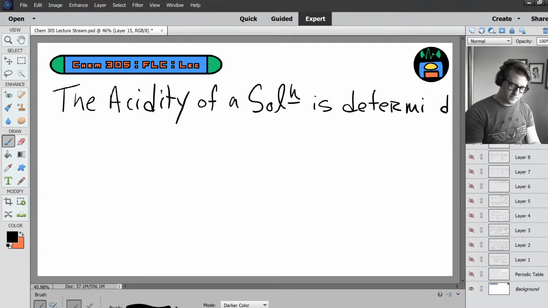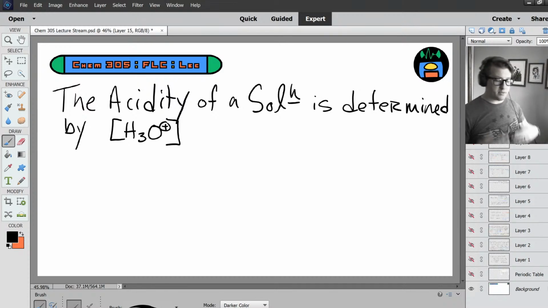There we go. Is determined, the acidity of a solution is determined by its molarity, its concentration of hydronium. The more hydronium that's in solution, the more acidic the acid solution will be.